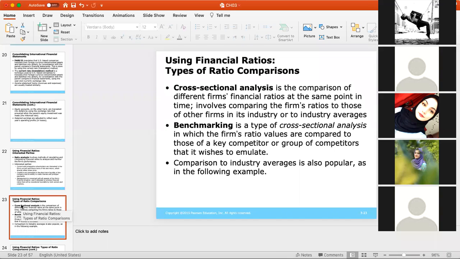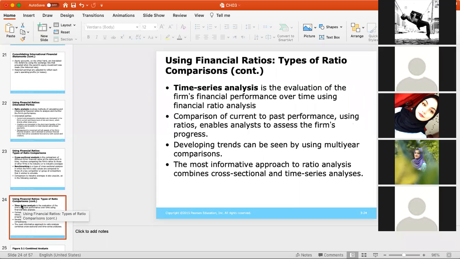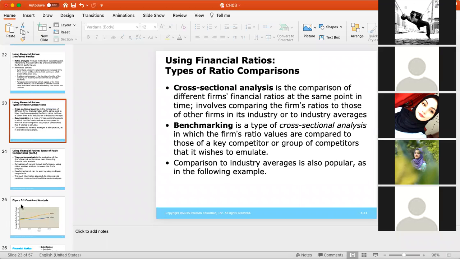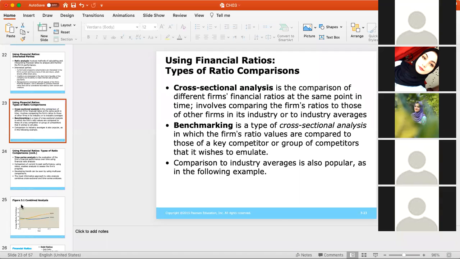Okay, now let me speak about the types of data. We are not going to spend lots of time discussing the different types of data, but let me tell you what data we have. We have cross-sectional data, and then we have cross-sectional analysis, depending on the type of data.